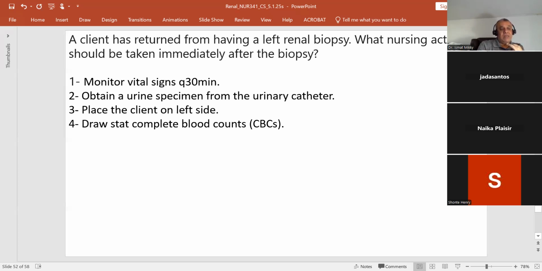Obtain urine specimen from the urinary catheter. So what do you think?